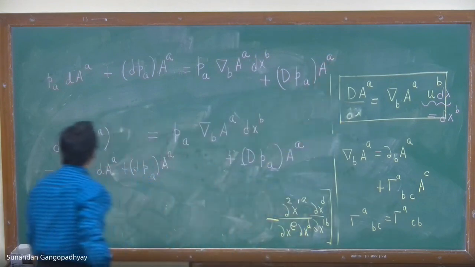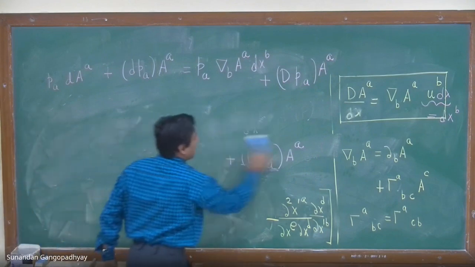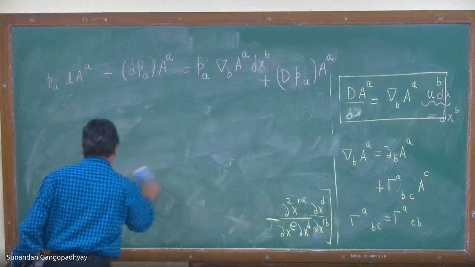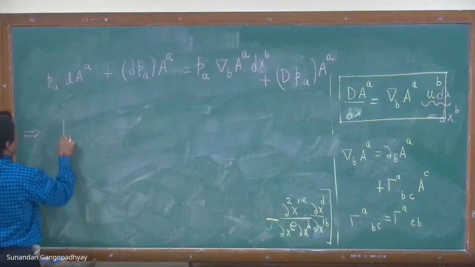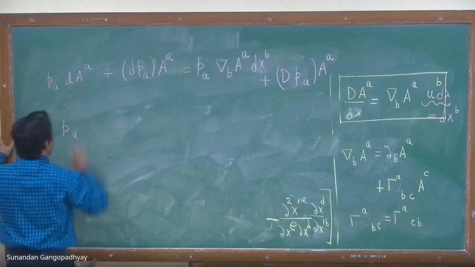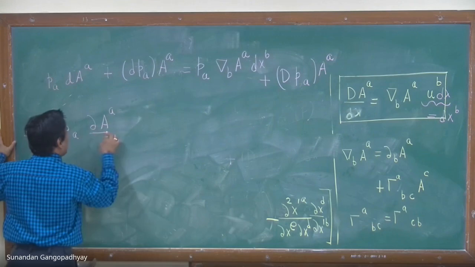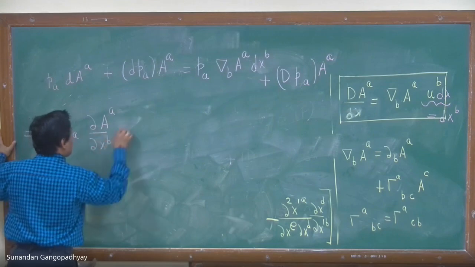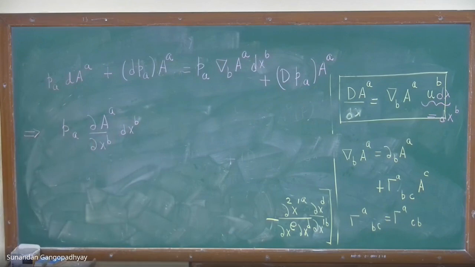That's our equation. So you can remove this. Now this implies p_a DA^a, you can write this as dx^B, chain rule.